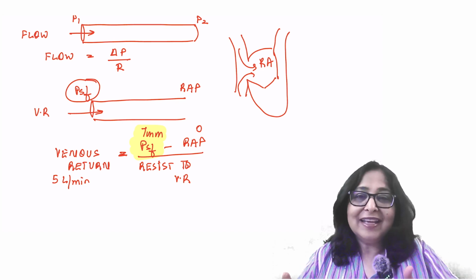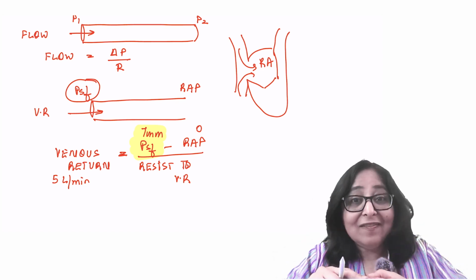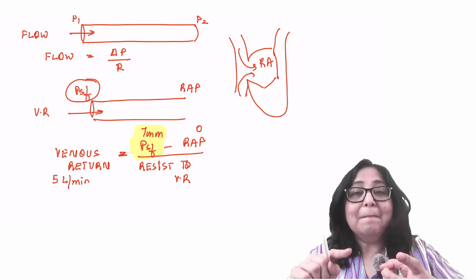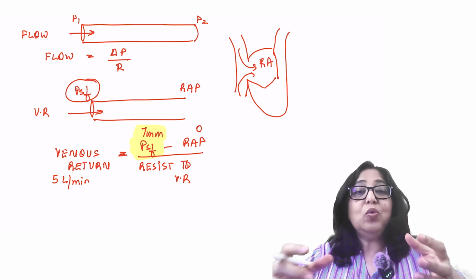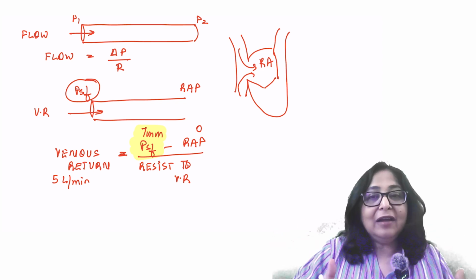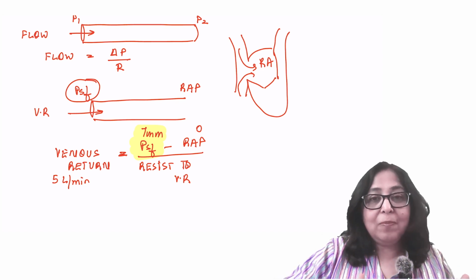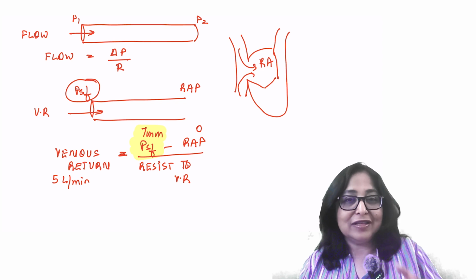Definitely not. So that is why veins need valves, deep fascia, muscle contraction, deep inspiration, to help in venous return. It needs other factors for blood to flow in from the veins towards the heart.